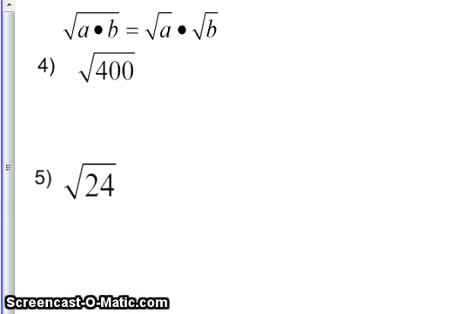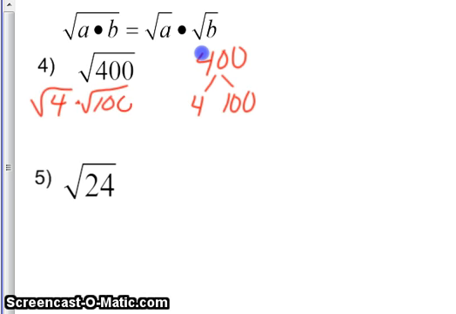I know that 400 is equal to 4 times 100. You with me? So the square root of 400 is equal to the square root of 4 times the square root of 100, which is 2 times 10, which is 20. That's one way you can use this rule.